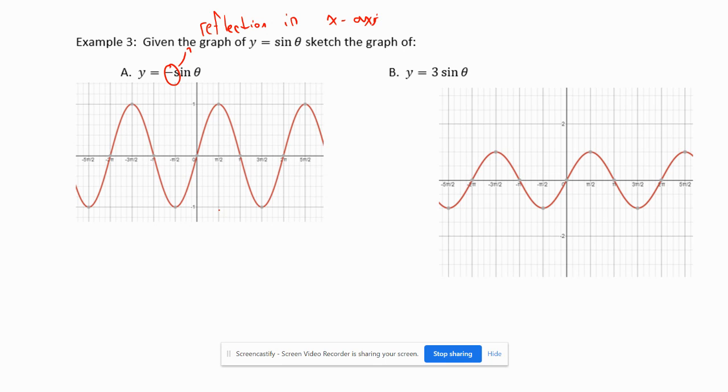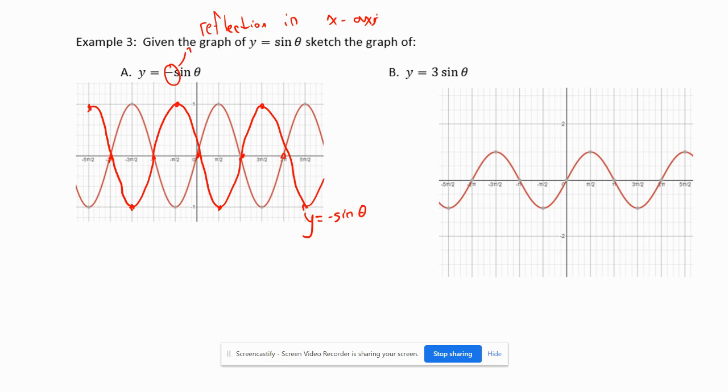In other words, this point is going to come down here. This is invariant, and our new graph is going to look like this. So this is going to be a graph of y equals negative sine theta.